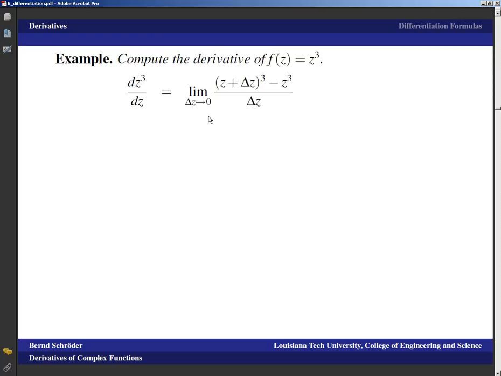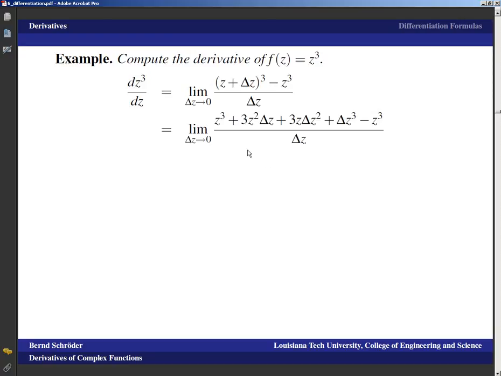And so we get that this is the limit as delta z goes to 0 of z plus delta z cubed minus z cubed divided by delta z, those wonderful difference quotients from your first calculus class that you may remember fondly or not so fondly, and you also remember what comes next. Now we just have to somehow get this into a form that we can cancel the delta z in the denominator, because we can't divide by 0 as delta z goes to 0.